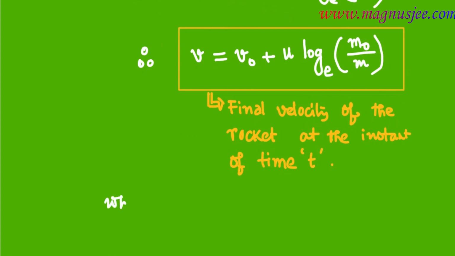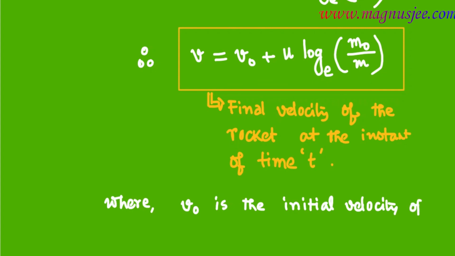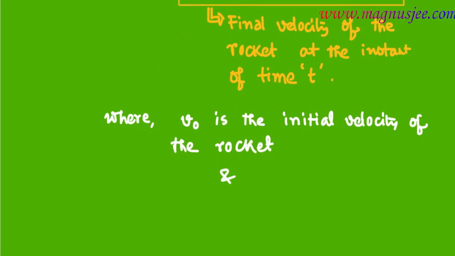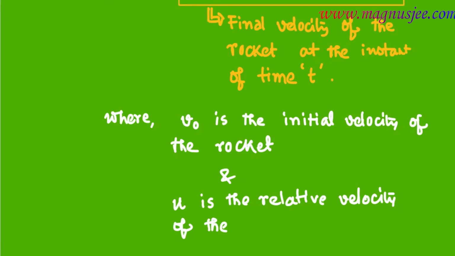Where v0 is the initial velocity of the rocket, and u is the relative velocity of the exhaust gases with respect to the rocket.